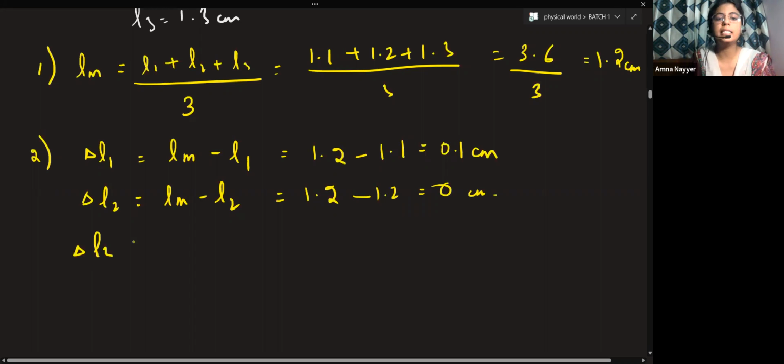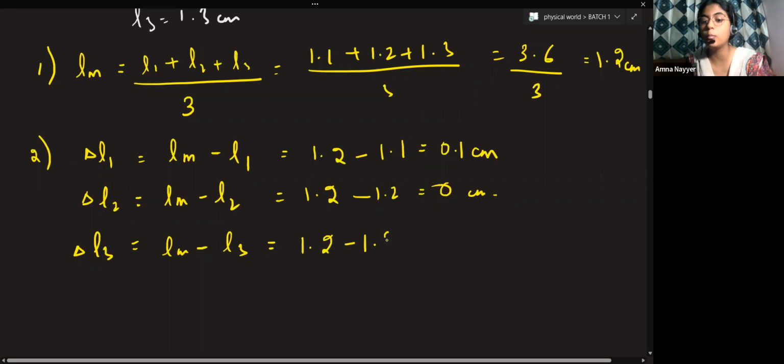Then delta L3, this will be L_M minus L3. Means the mean value that you are getting subtracted from the length L3 that you have. Now Arnav, you can see L3 is greater than L_M. So here you can put it as negative also. It doesn't matter in an absolute error. But remember, while calculating the mean error, don't forget to put that mod.